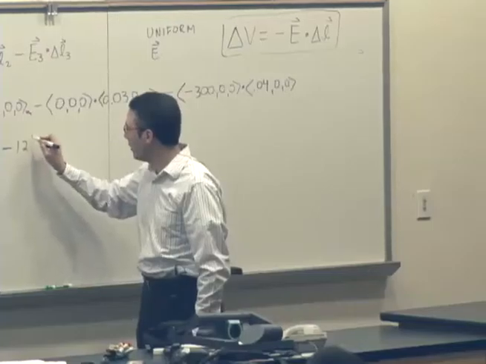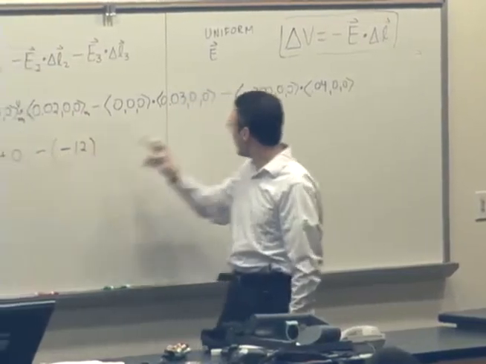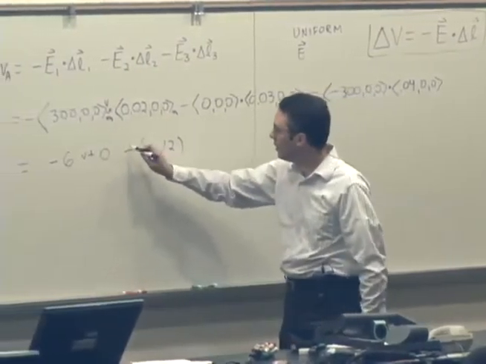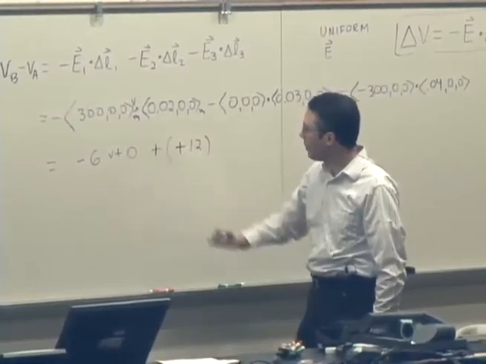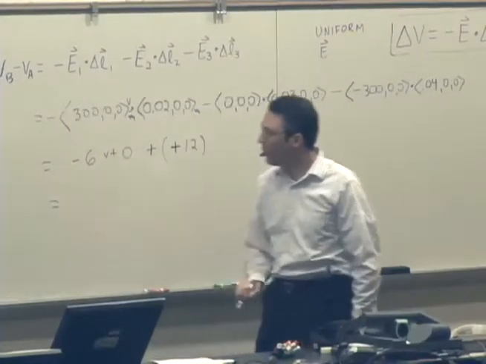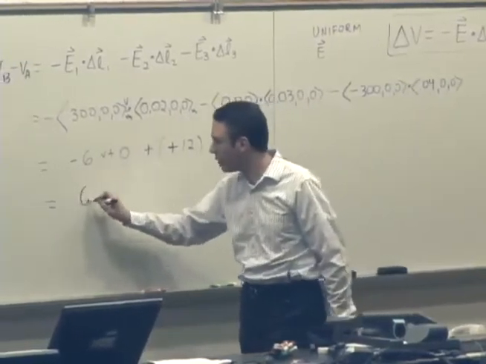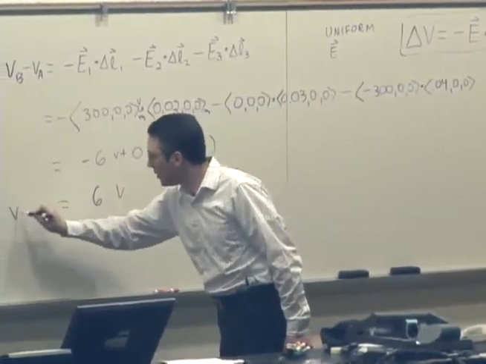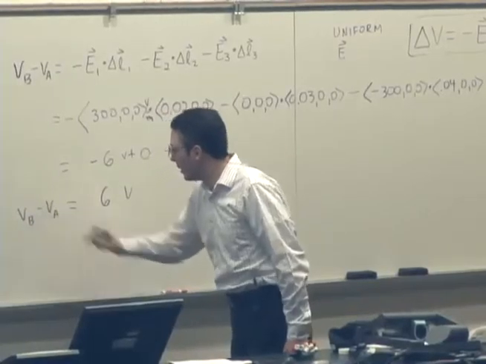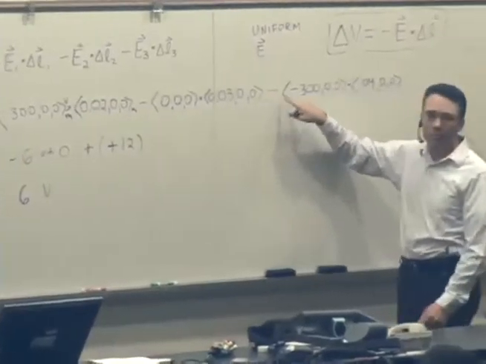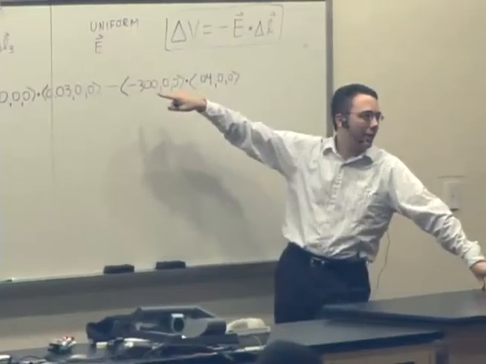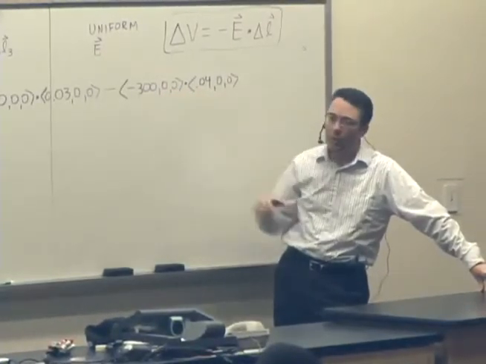Negative 12. And then if I have a minus times a minus, that's going to give me positive. So I end up with the total potential difference is 6 volts, positive 6 volts, okay? So you can see once again what happened. Lost the negative sign there. That's where the negative 18 came from for a lot of people, right?